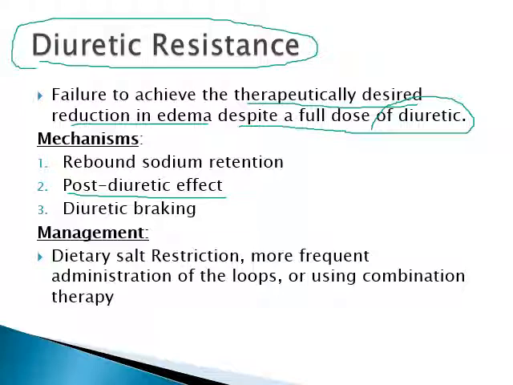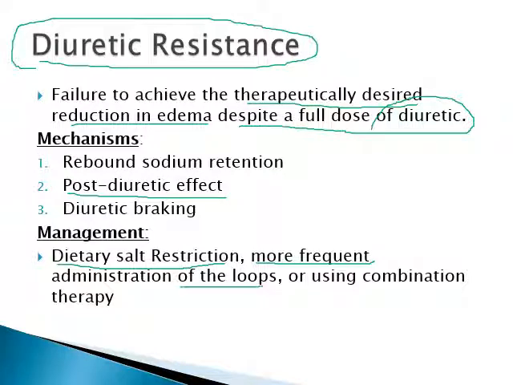And lastly we have diuretic braking. This is also one mechanism which combines the mechanisms of 1 and 2, that will result in diuretic resistance. So how will we manage this case? We have to go first for dietary salt restriction, that is important. We have to restrict the salt intake, and we have to use loop diuretics more frequently.